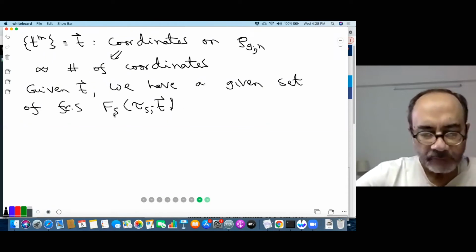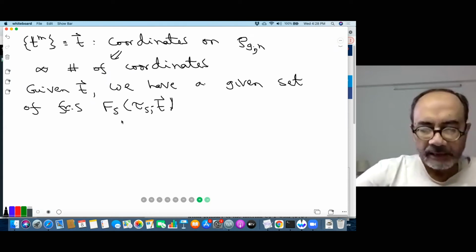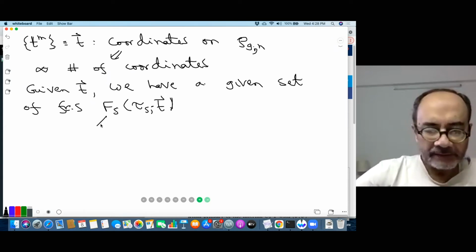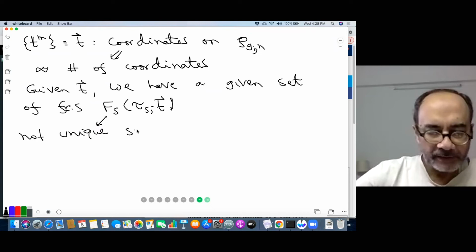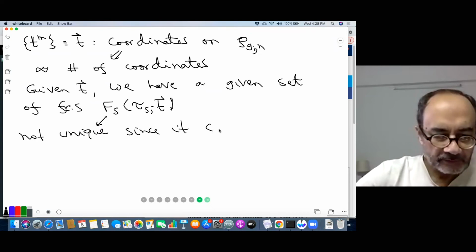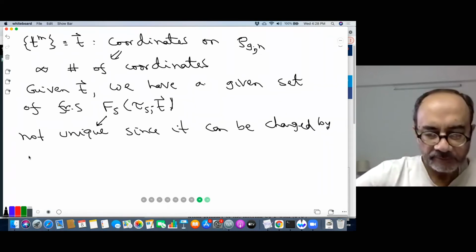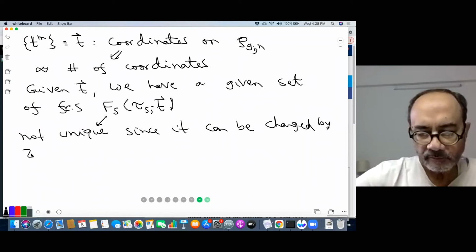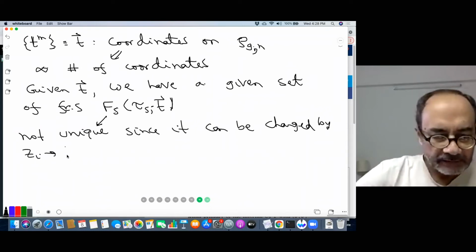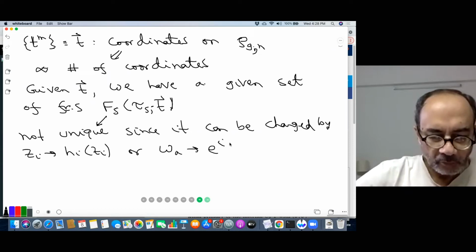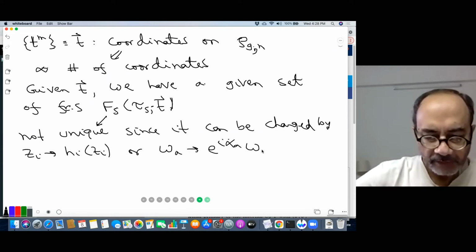Given a set of functions F_s, of course F_s is not unique, since it can be changed by z_i reparameterization or W_a goes to e to the i alpha times W_a.